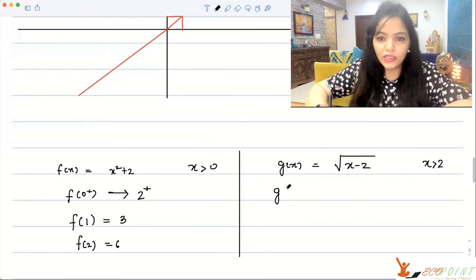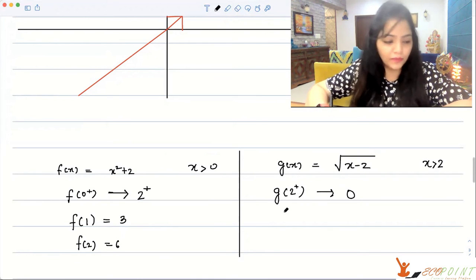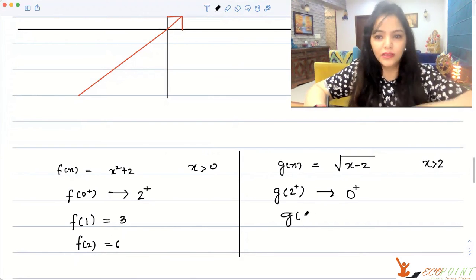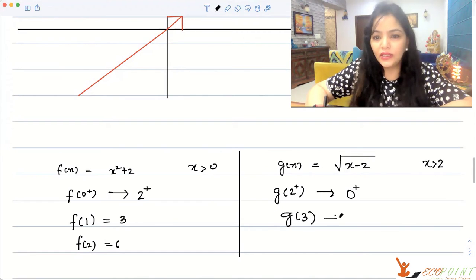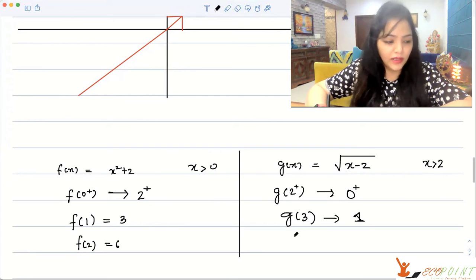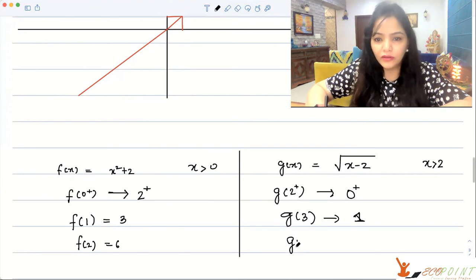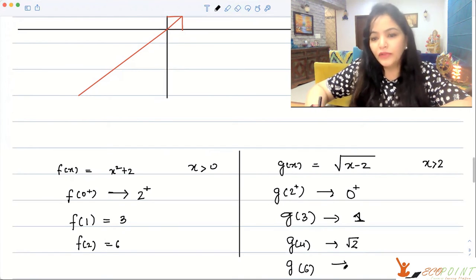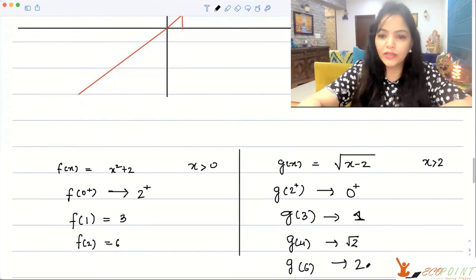So here g(2 plus) would be something tending towards 0 plus. g(3) would give me 1. And g(4) will give me root 2. And g(6) will give me square root of 4, so that is 2.